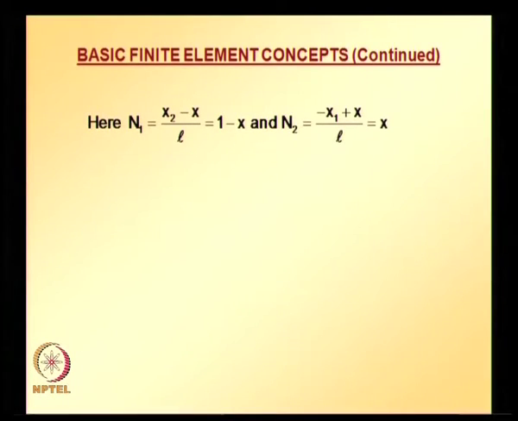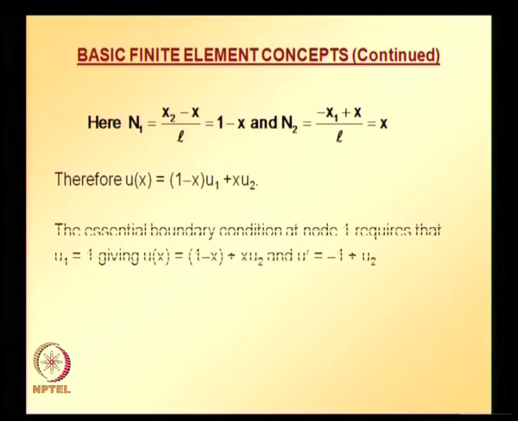So, substituting the nodal coordinates into N1 and N2, the trial solution becomes this. The essential boundary condition at node 1 requires u1 equal to 1.